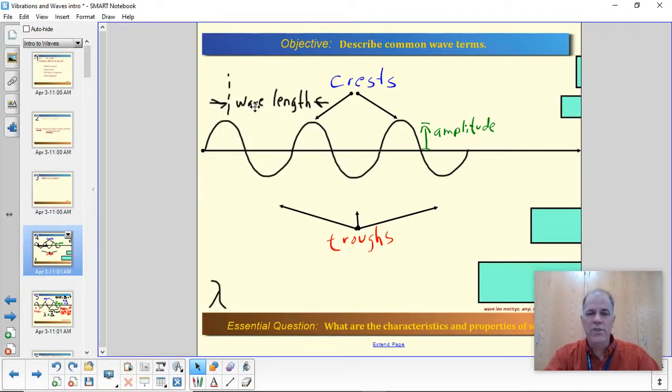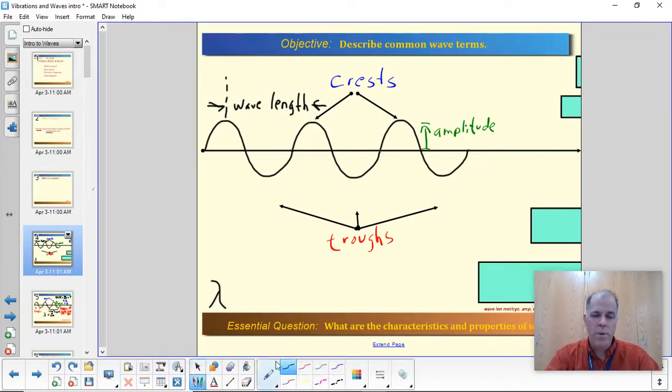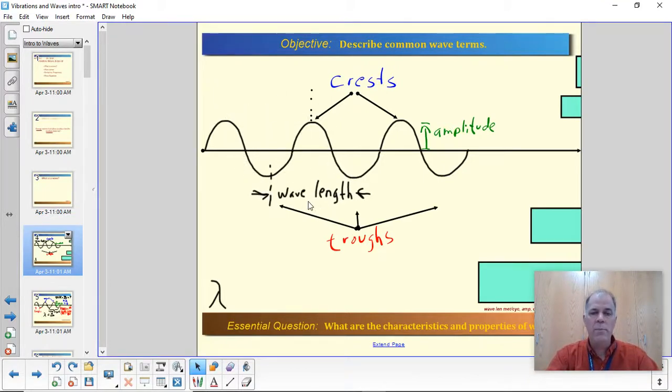It's a little easier to see wavelength as the distance between two crests. So it is from here to here, that crest. I'm actually going to put another little black mark there, okay? Okay, that's the wavelength from crest to crest. But the wavelength could also be from trough to trough, right?